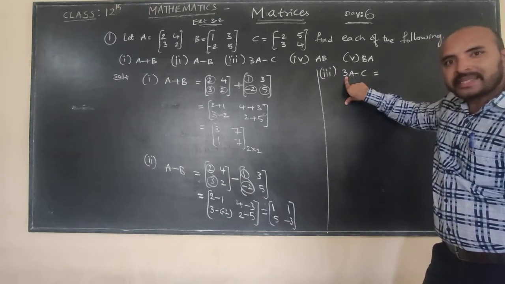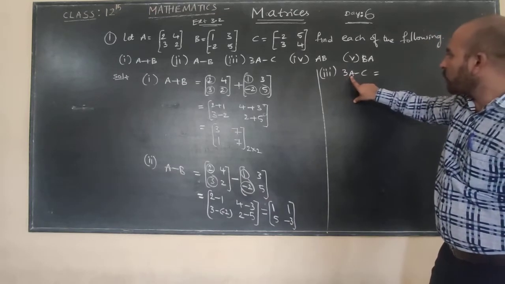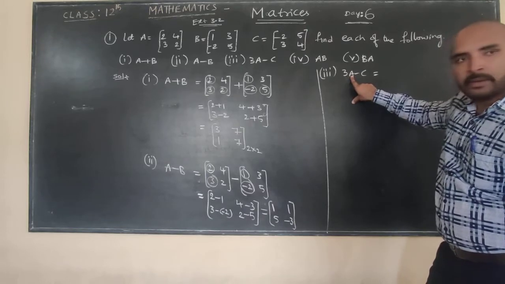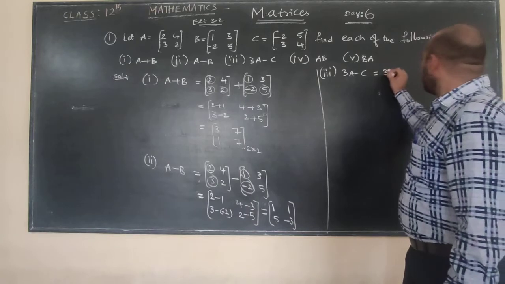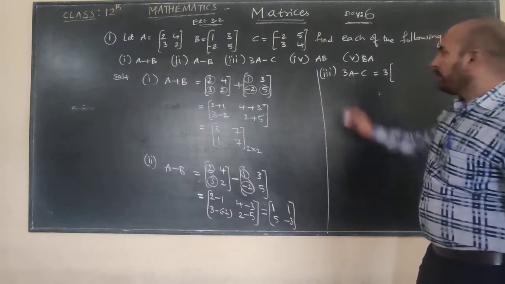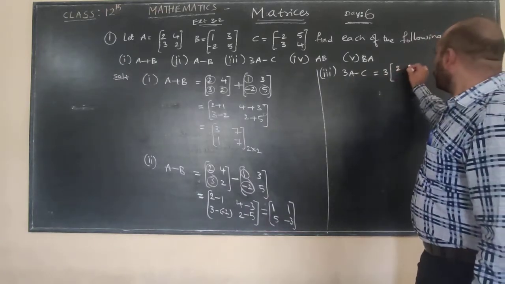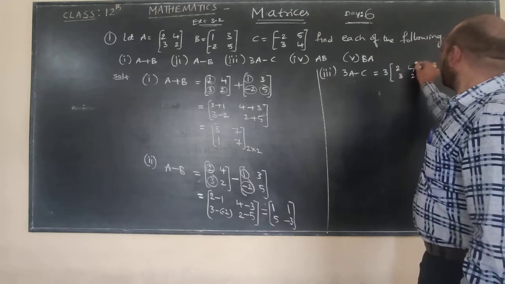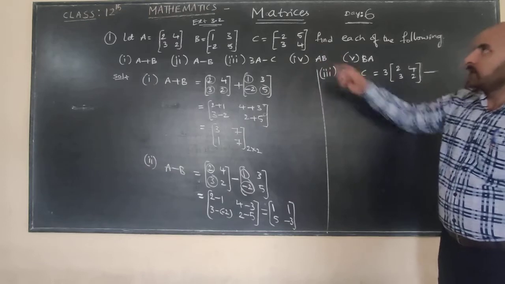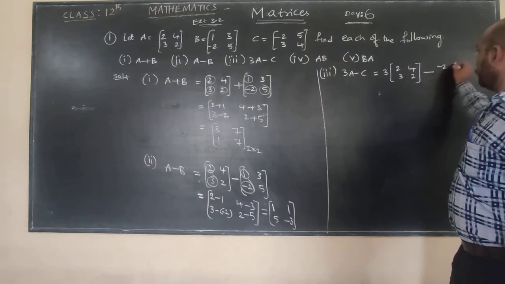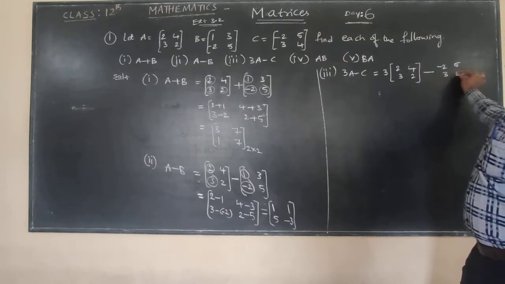Here 3 is a scalar or constant value, and the capital A matrix is multiplied with 3. So 3 into what is capital A matrix? 2, 4, 3, 2, minus C, which is minus 2, 5, 3, 4.